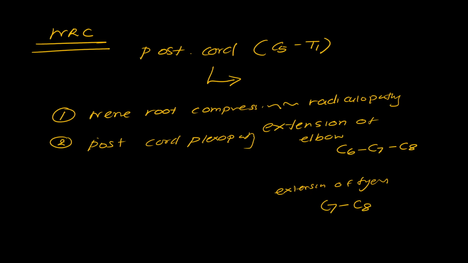For example, the posterior cord gives rise to both the axillary nerve as well as the thoracodorsal nerve. So there will be weakness in the shoulder muscles, the deltoid, and also the latissimus dorsi, the back muscle. Hence, by testing all these muscles, you can come to a conclusion that it is a plexopathy rather than a radiculopathy, or rather than a lesion in the radial nerve itself.